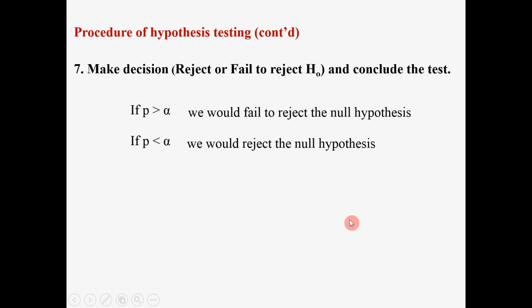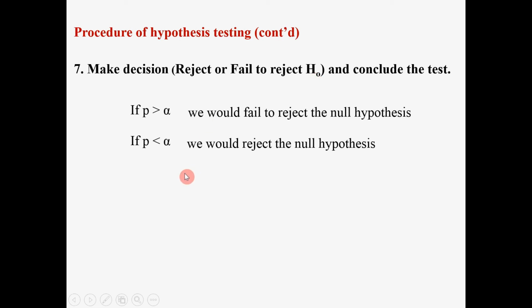The last step is to make decision and conclude the test. Making decision here refers to we have to decide that based upon all the evidence we have so far, whether we reject the null hypothesis or not reject the null hypothesis. After that, we conclude the test.